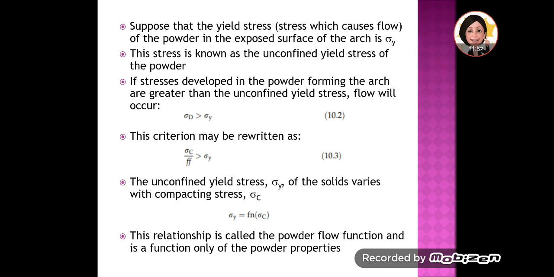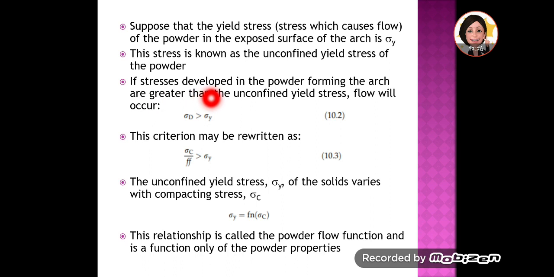The hopper flow factor can also be associated with yield stress. Yield stress is a stress which causes flow, that means it allows flow. The stress in the powder at the exposed surface of the arch is sigma y, which is also known as the unconfined yield stress of the powder.